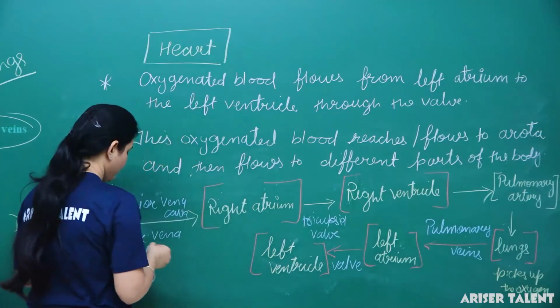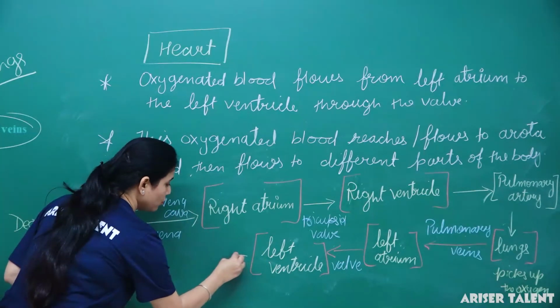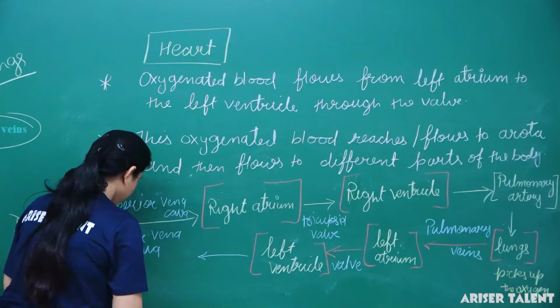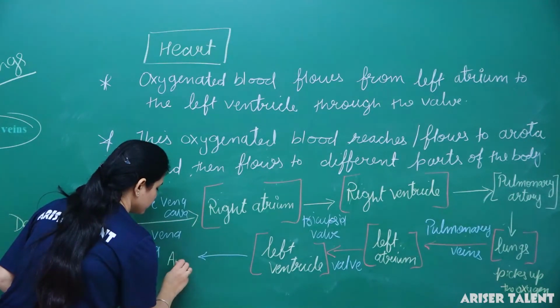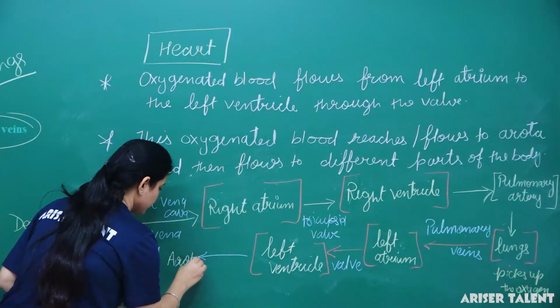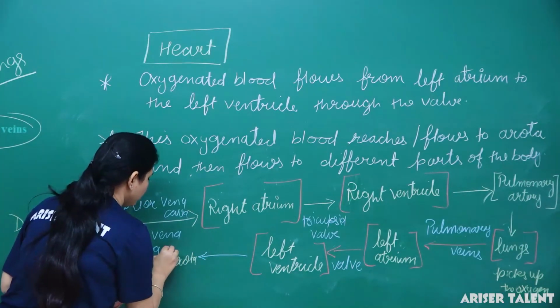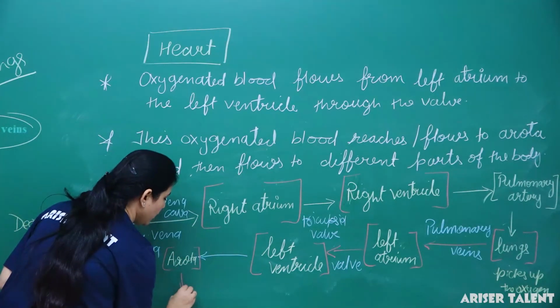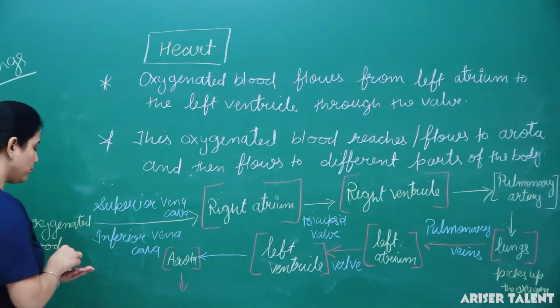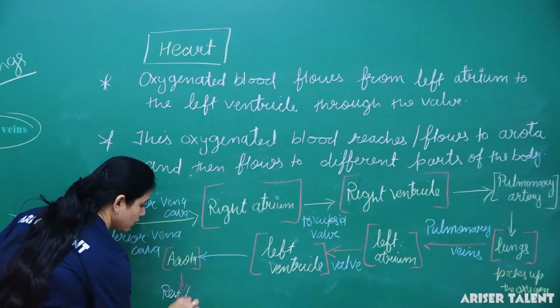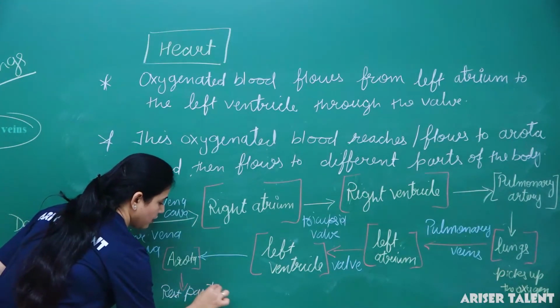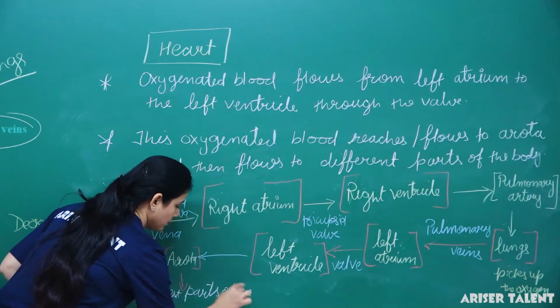Now from the left ventricle the blood moves to the aorta, and from this aorta blood goes to the rest of the parts, or we can say all parts, of the body.